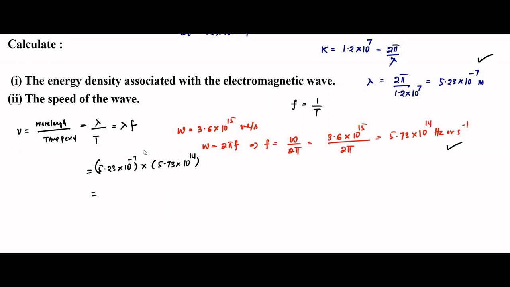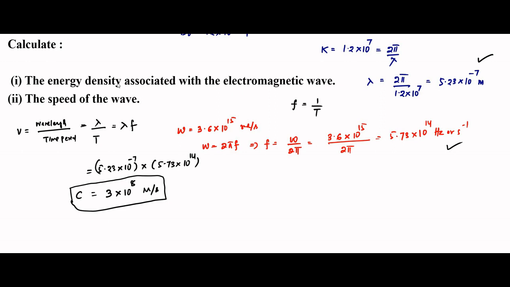It is coming around 2.99, so approximately 3 × 10^8 meters per second, which is the speed of light in free space, because light is an electromagnetic wave. So the speed of the wave we have calculated.